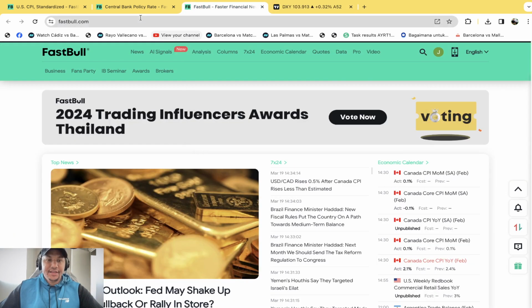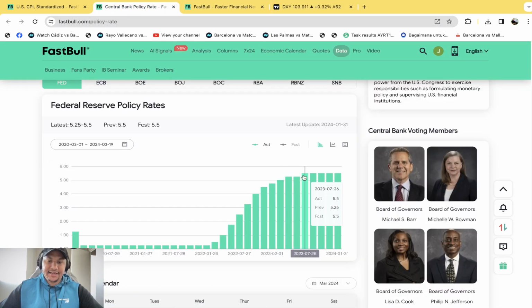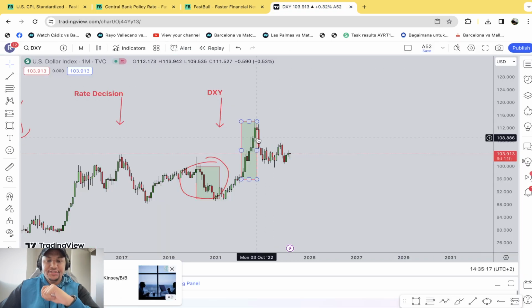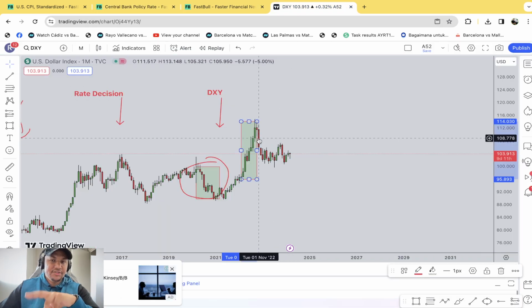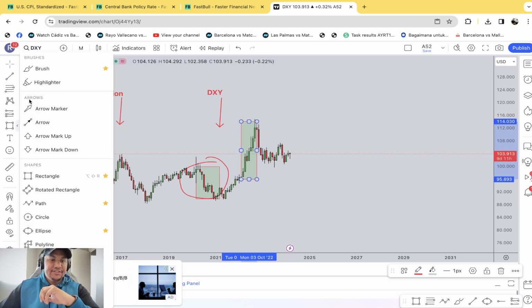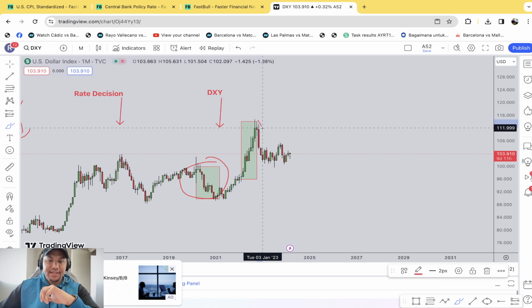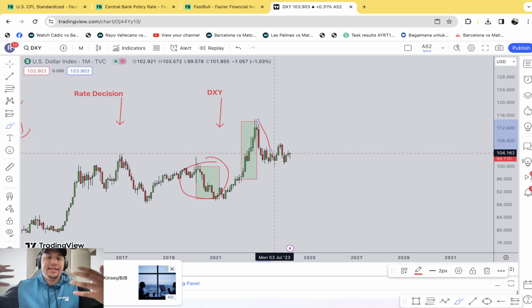Now we can see here the Feds had kept the interest rates very stable since July last month, and we can see over here since last year October, it's about 2 months. Because the Fed has been keeping the interest rates quite stable, the dollar index took a U-turn. Because remember, these guys want to invest their money into currencies that are doing well, that are increasing their interest rate to make more money.